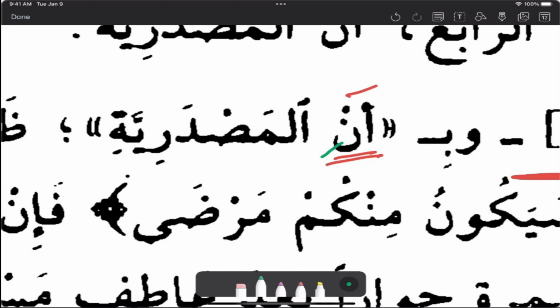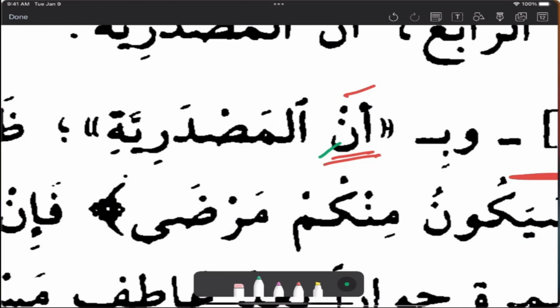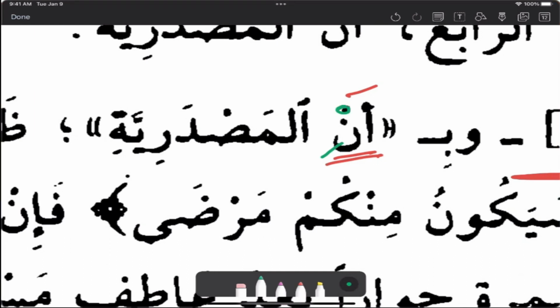But really it's N. The way this is printed here, they put a sukoon on the noon. N is built with a sukoon. But the next word is al-masdariyah, and you're going to skip from this noon to this lam.